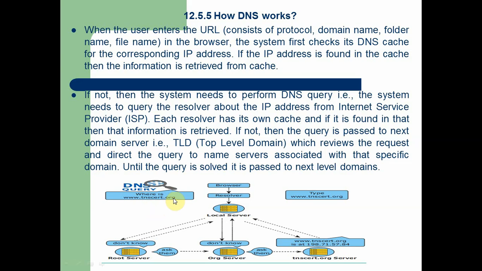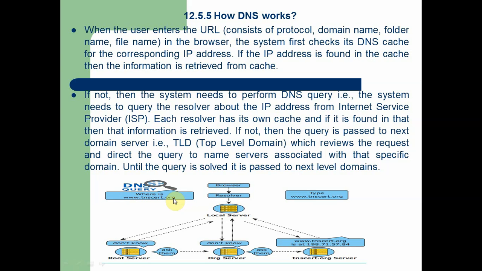That URL is transferred to the resolver. From that resolver, the domain name is sent to the local server. The local server first asks the root server and checks whether the respective web page domain name IP address is available in the server or not.